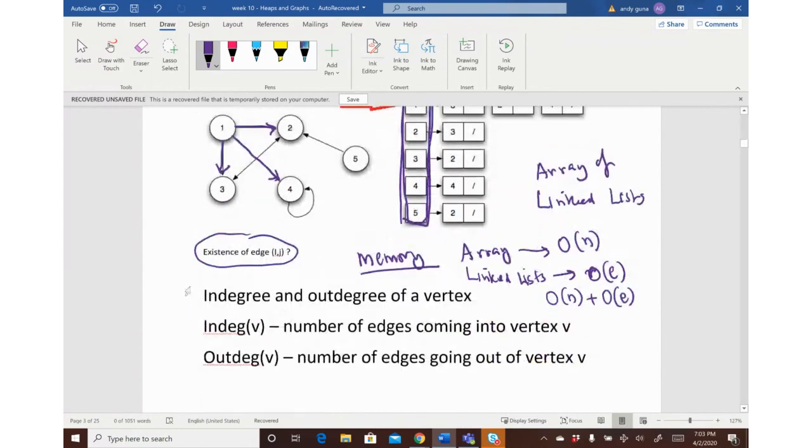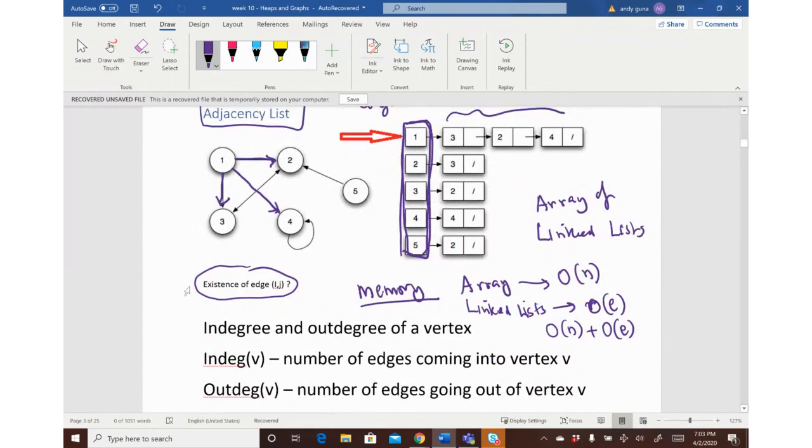Just like in the previous case for the matrix. So someone wrote E over N on average. That sounds right, but it's not exactly right because they don't have to have the same number of things, like a hash table. But it's a reasonable guess.